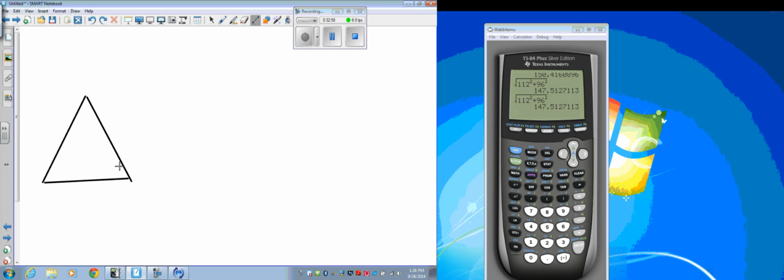So they've got the pyramid that they want to know the height of. And this is what they're trying to calculate, and that's the height. It says the angle of elevation from a point on the ground to a point on the pyramid is 35 degrees, 30 minutes.